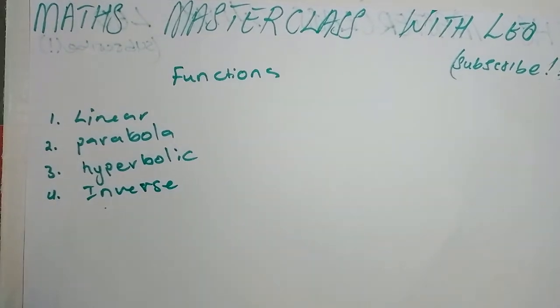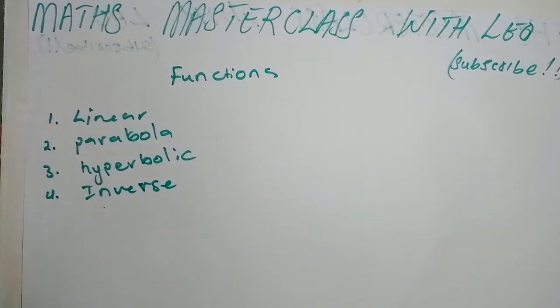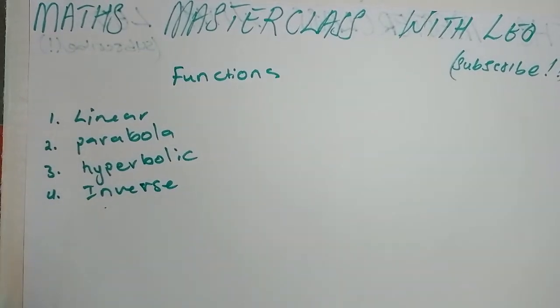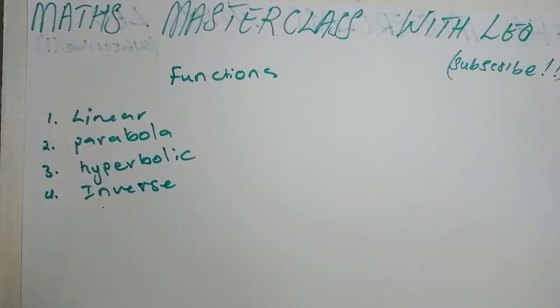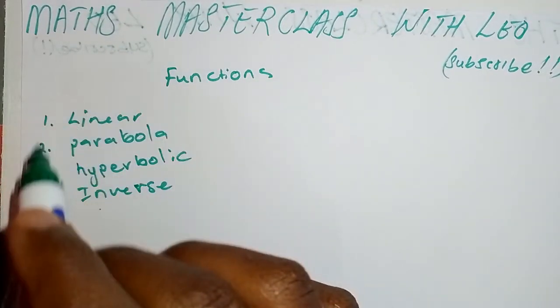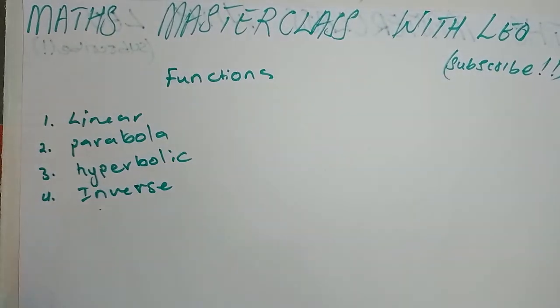Then we'll have the others later, the polynomials. Remember polynomials also are part of the functions. You'll also have trig functions, but in this video we will be focusing on these 4.